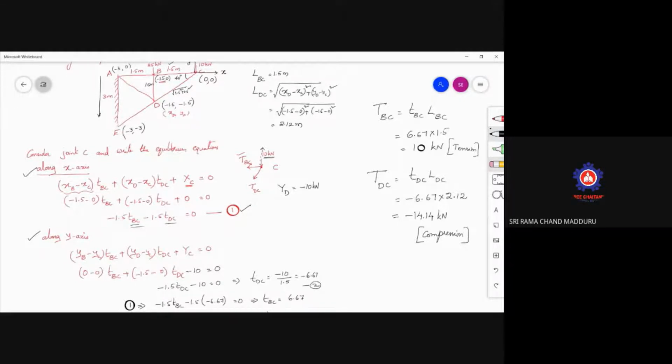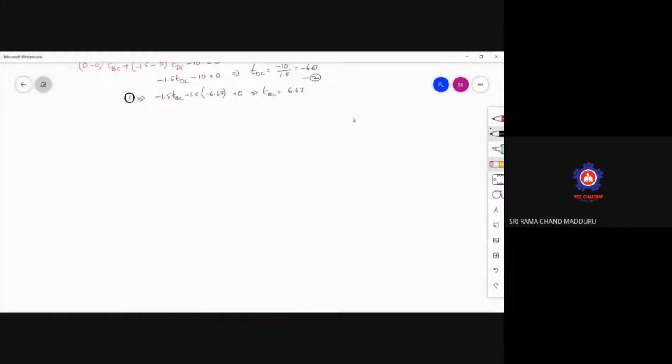Now go to joint B and write the equilibrium equations, first of all along the x-axis. To write these equilibrium equations, first let us see at joint B how many members there are and how many external loads there are.